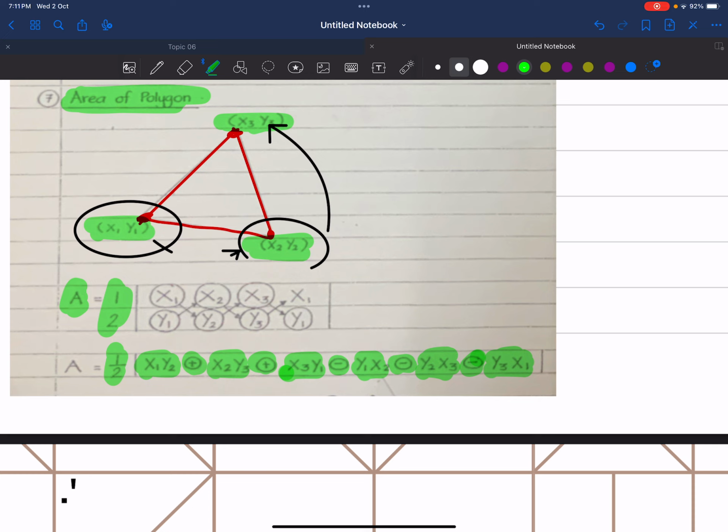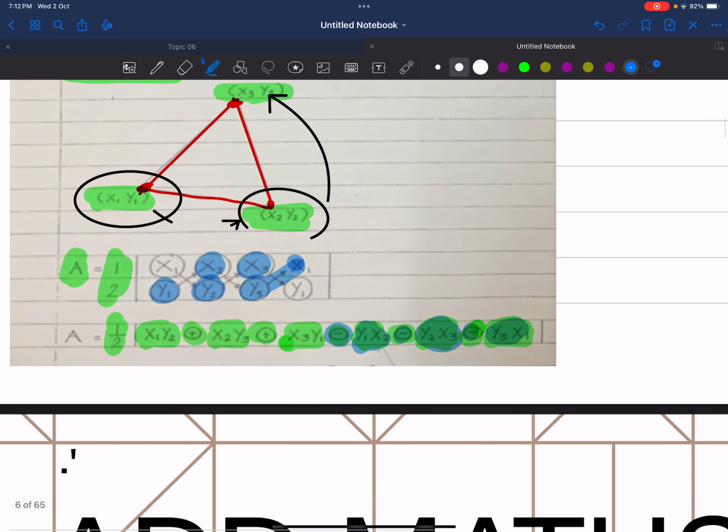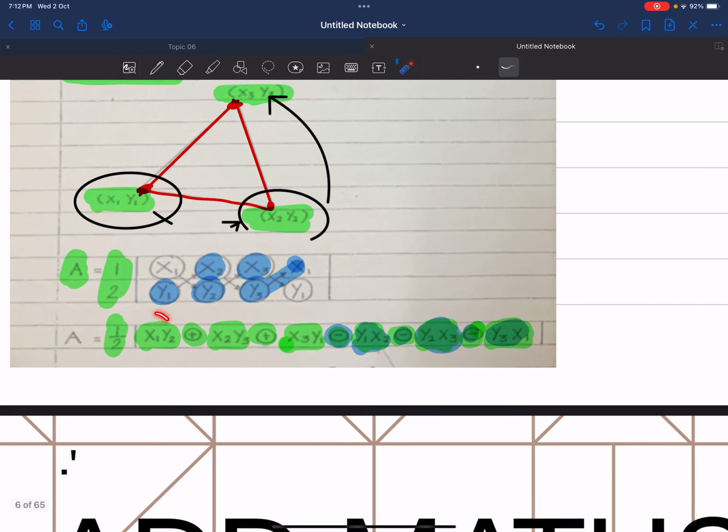So now, going up, it is minus y1x2, minus y2x3, minus y3x1. So all you have to do is multiply each one, all six products, and then you do your plus and minus.